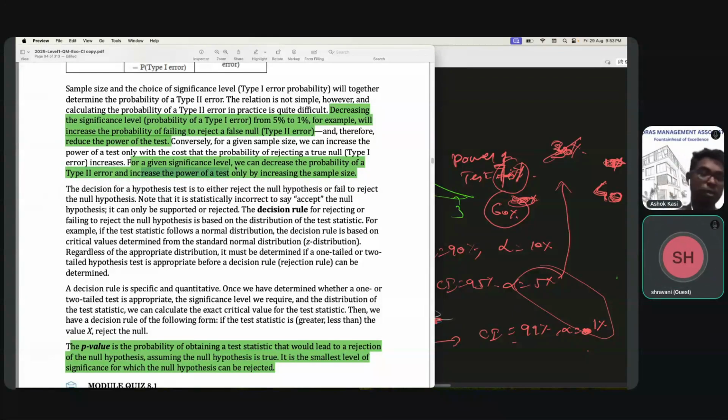So what does that mean? That means, like as I said, instead of selecting everybody who is coming to the company, we should reject many people. At the same time, we are doing type 1 error when we are rejecting the true null hypothesis, and at the same time increasing the sample size.